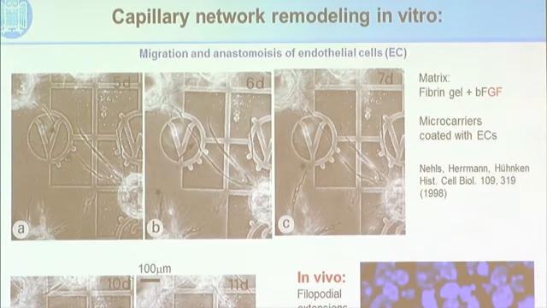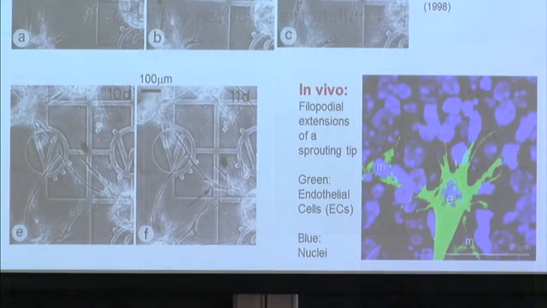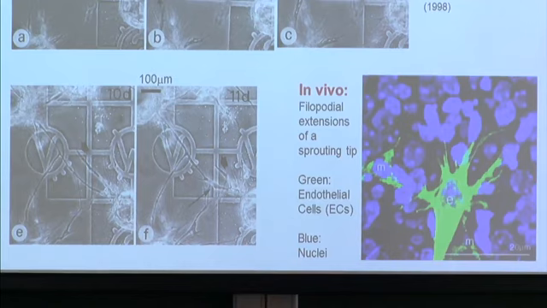In vivo, the tip of the sprout doesn't need to hit the other vessel directly. In particular, in 3 dimensions, that becomes difficult. But the tip has these filopodia extending into the surrounding extracellular matrix, which cover a radius of 20 micrometers.